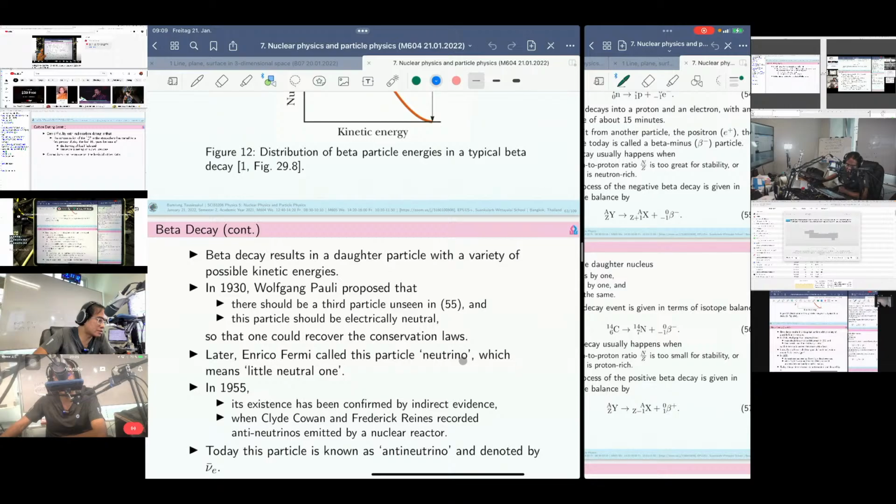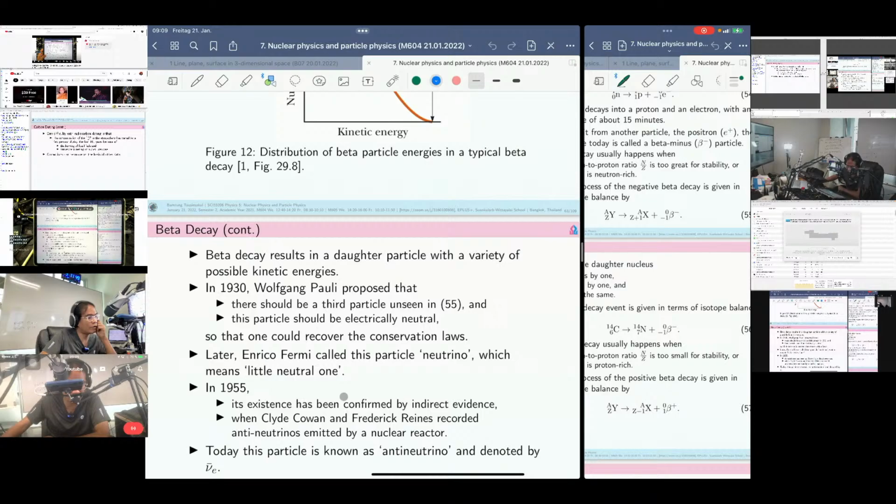And once these two big persons suggested this, approximately 20 years later, some people tried to observe this, and they found it accidentally in a nuclear reaction process.